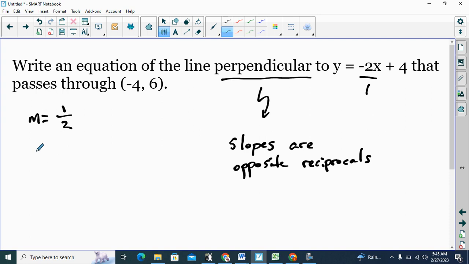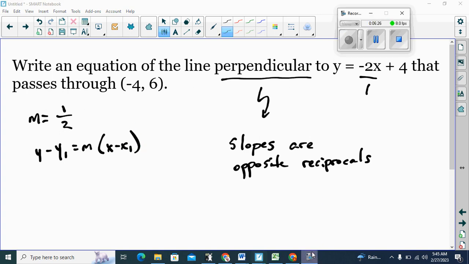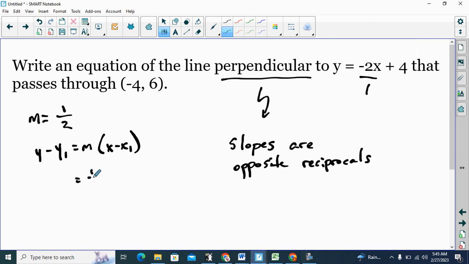Other than that, we do it the same way. Point slope form: y minus y1 equals m times x minus x1. Slope is 1/2. That goes in for m. Negative 4 for x1, 6 for y1.